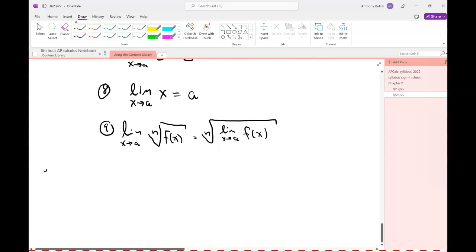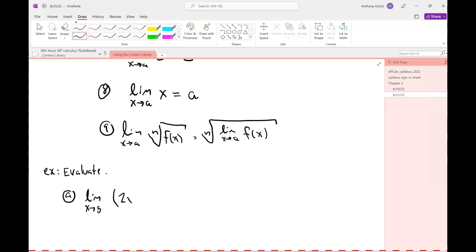So let's do some examples now where we use these things. So this first example, I'll go through nice and slow and write everything out and talk about what it is that I'm doing.